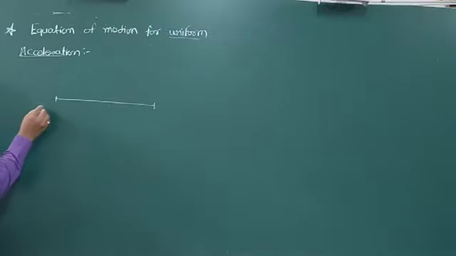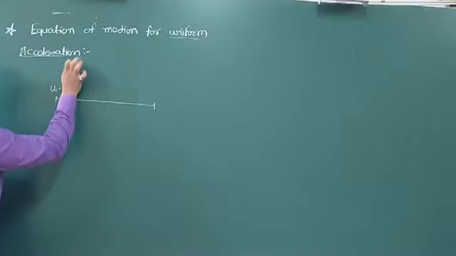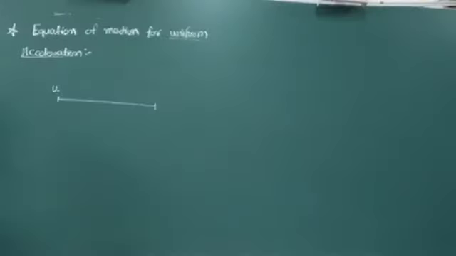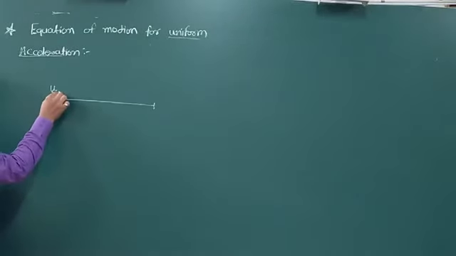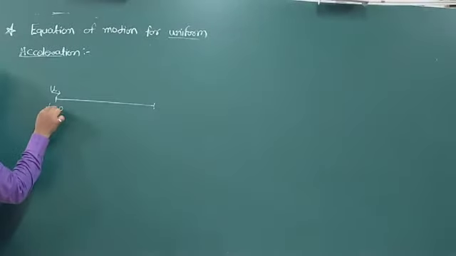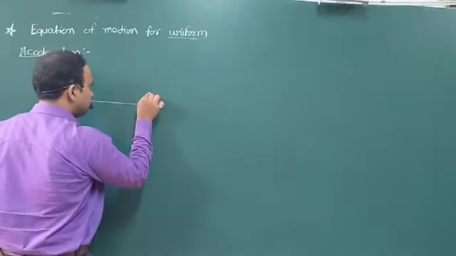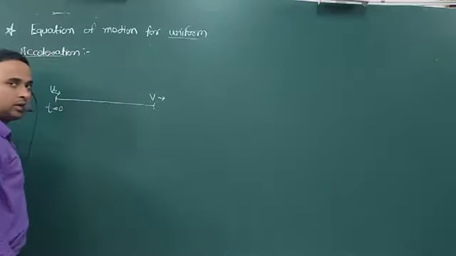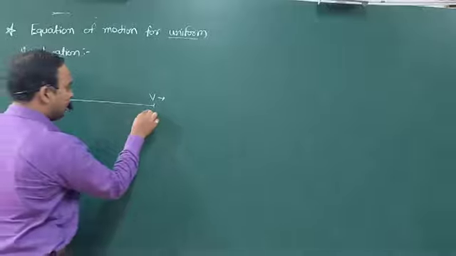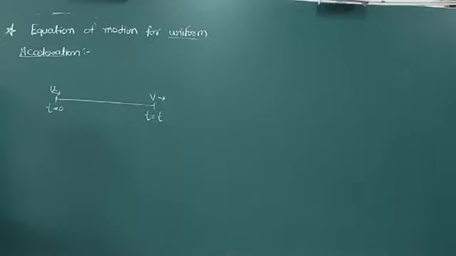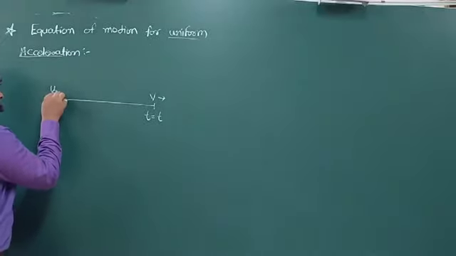Let u be the initial velocity of that particle at time t equal to 0, and v be the final velocity of that particle at time t equal to t.